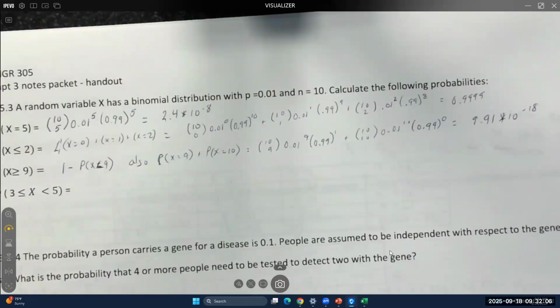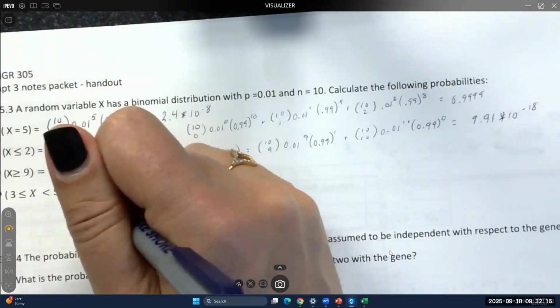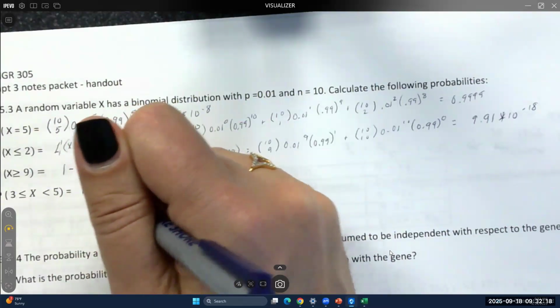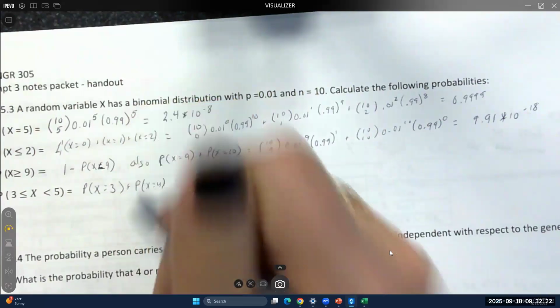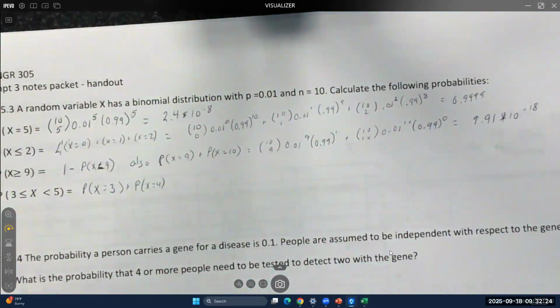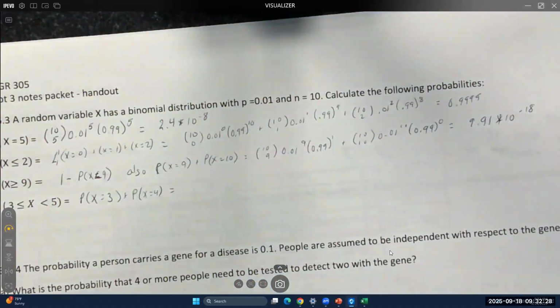So the probability that x is greater than or equal to 3, but less than 5, really means the probability that x is equal to 3 and the probability that x is equal to 4. Those are the numbers included in that set.